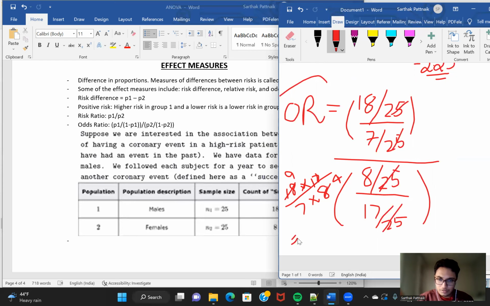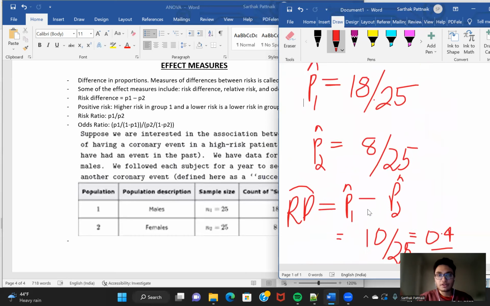Your denominator is going to be 56. Clearly, this entity is greater than 1. So again, higher odds in P1 than in P2.